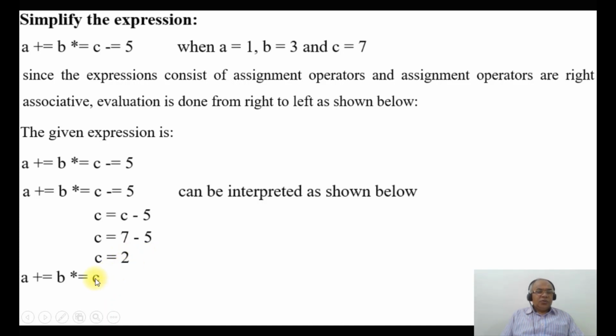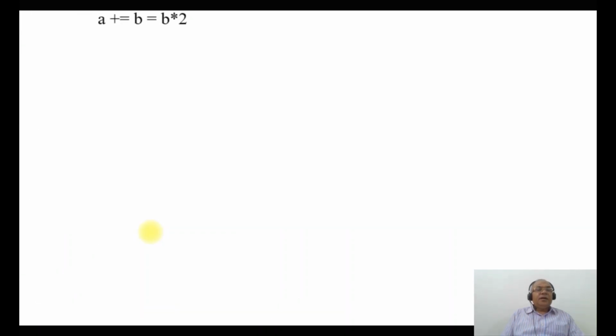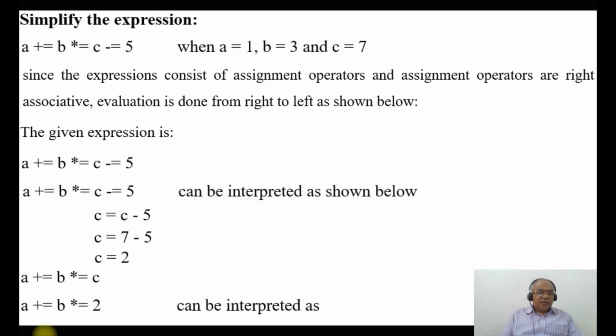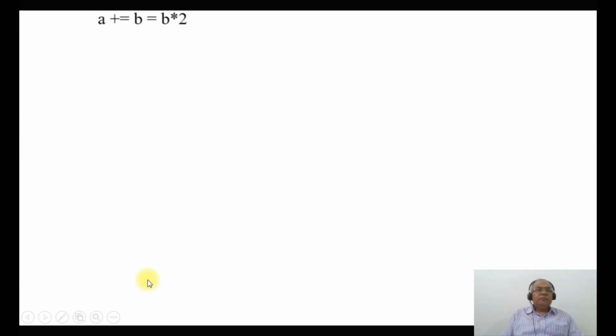So you take this 2 to the left-hand side. Then a += b *= 2 means b = b * 2. So now you substitute the value of b. The value of b is 3, so 3 into 2, that is b equals 6 now.